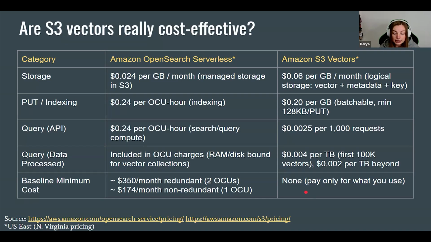You just pay as you go, for only what you use. So the key takeaway: if you have workloads that don't require constant real-time vector search, like batch similarity queries or long-term vector archives, S3 vectors give you massive cost savings without provisioning infrastructure upfront. It is more serverless than OpenSearch Serverless. Yeah, we can call it that way.